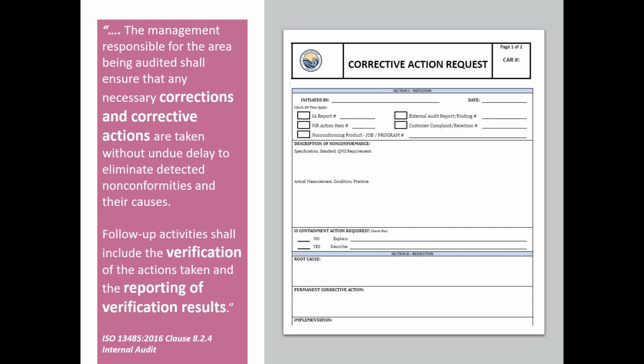That concludes this short video about the internal audit requirements of ISO 13485. I cannot overemphasize how important this program is to a medical device company. It is so important. From my own personal experience, I've seen how internal audits can pick up small issues that could potentially become big issues when external inspectors come on site.